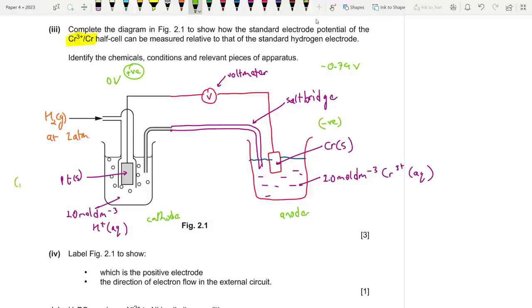We can say that this is the positive electrode, or you could label it separately, right? And the direction of electron flow, remember that electrons will always go towards the positive electrode, so the electron flow should be in this direction, away from the chromium electrode towards the positive electrode, the standard hydrogen electrode, anti-clockwise.